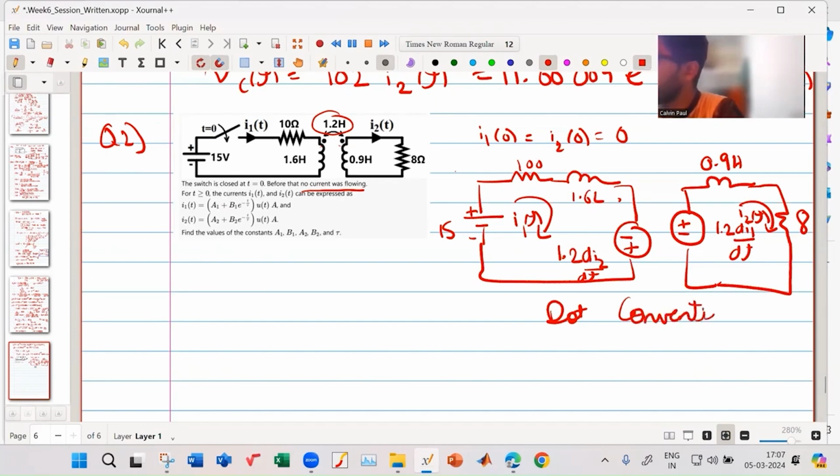Now this is complicated. So if we want to simplify, we take the Laplace transform. And what is the converted circuit?